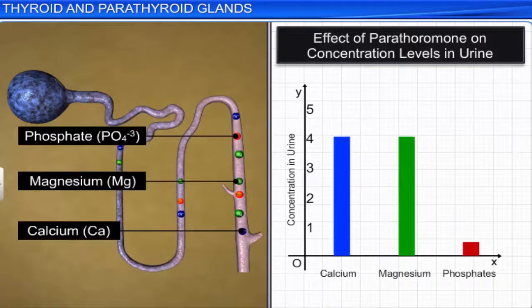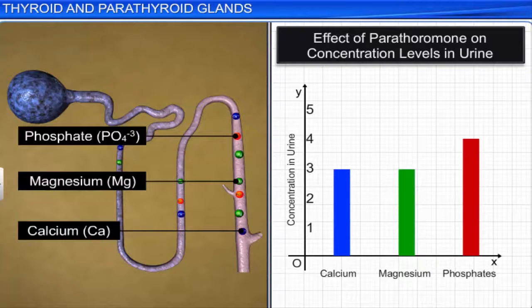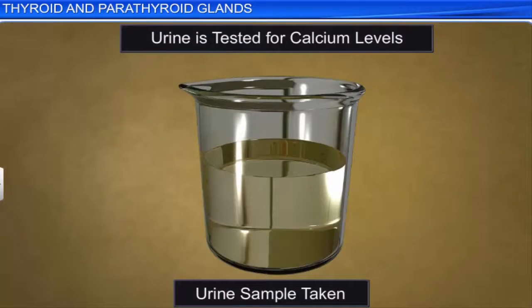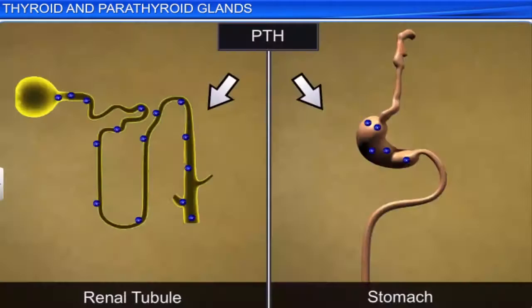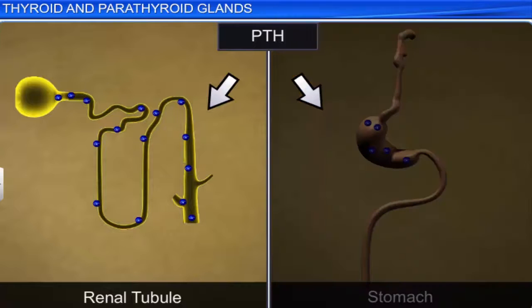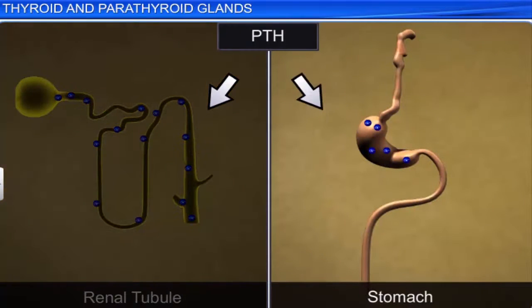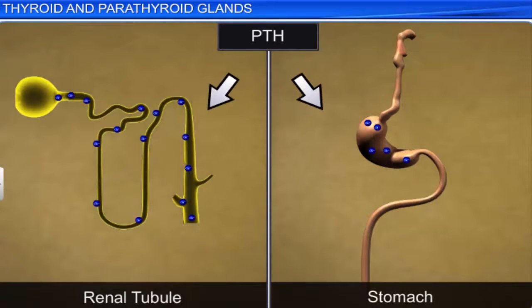Parathyroid hormone also slows the loss of calcium and magnesium and increases the loss of phosphates in urine. It retards bone dissolution and stimulates the excretion of calcium in the urine. Moreover, it stimulates the reabsorption of calcium by the renal tubules and increases calcium absorption from digested food.